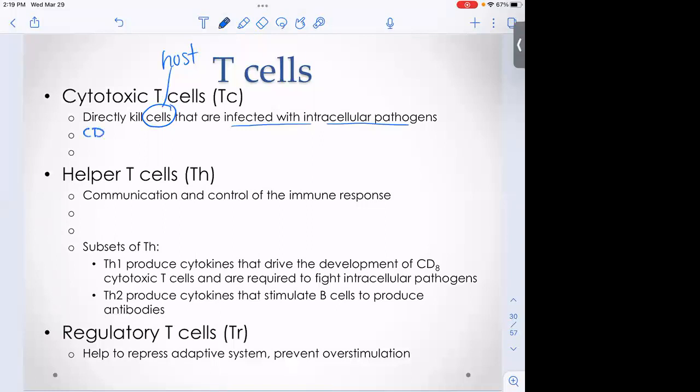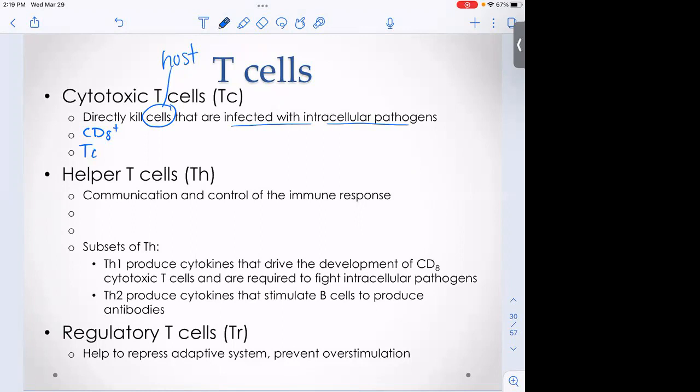They have a CD8 glycoprotein on the surface of them, and that's how we identify them. They're CD8 positive. That CD stands for cluster of differentiation. And that actually binds to the MHC class 1. We'll show you a picture of that in a minute.